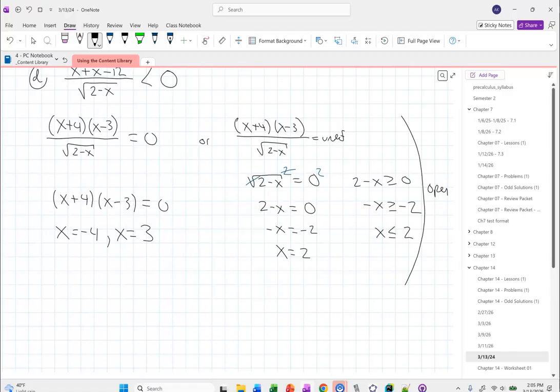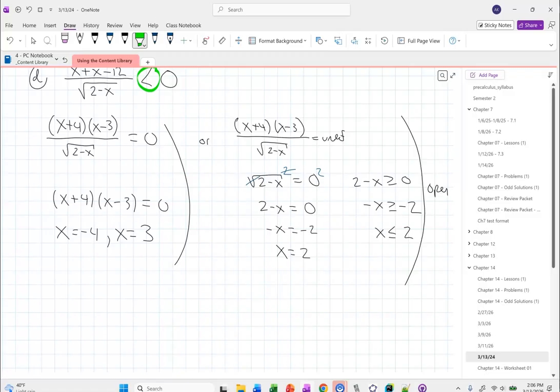Everybody's okay? What are these going to be? We know that the undefined stuff is always open. What about the equal to 0 stuff? It depends on the inequality. It could be open, could be closed.